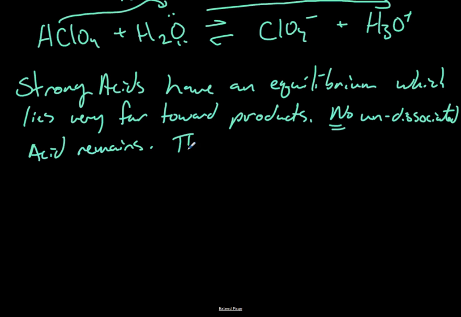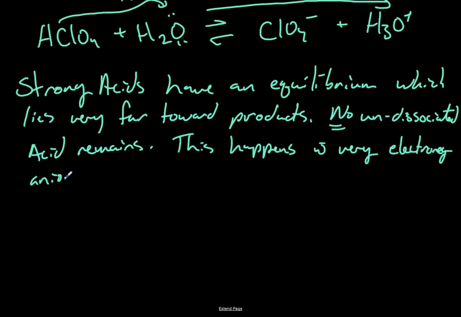So this tends to happen with very electronegative anions. We're lucky we don't have to talk about Kas or anything like that, but if we wanted to look at the K values here, we would just see that the concentration of products is much higher than the concentration of reactants, right?